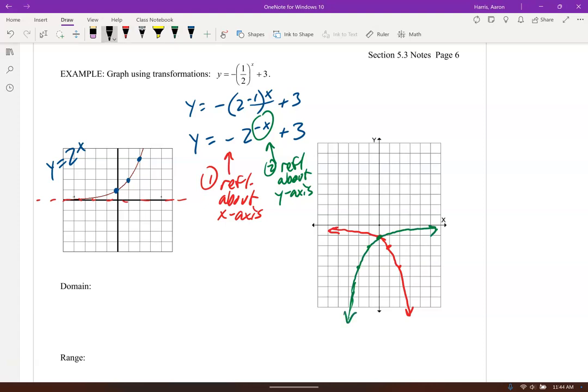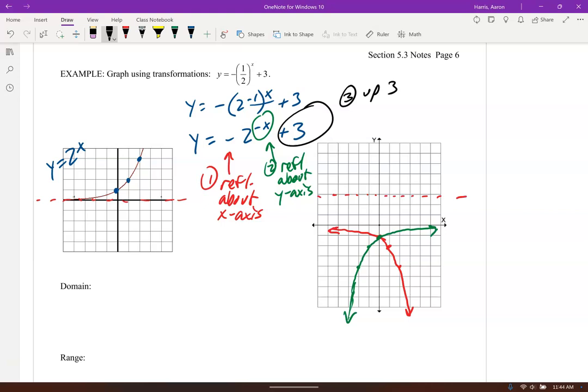And finally, our last one, number 3, we take it all and do a vertical shift up 3. So instead of the horizontal asymptote being y equals 0, now I'm bumping y equals 0 up 3. The entire green graph has to go up 3.